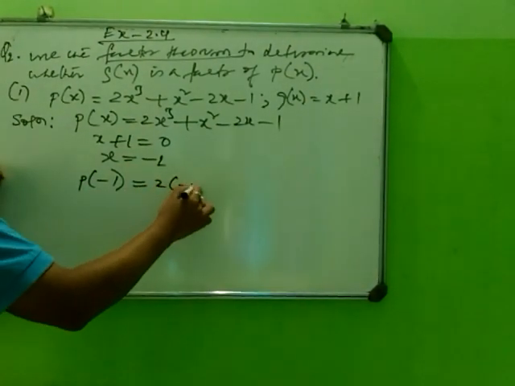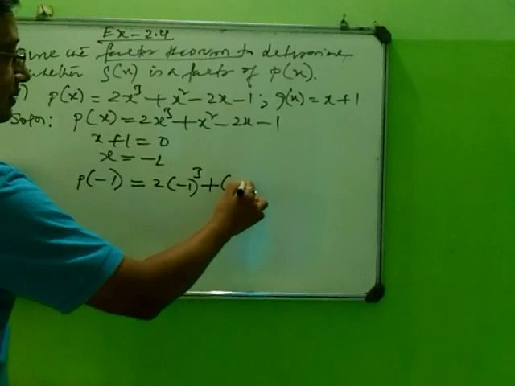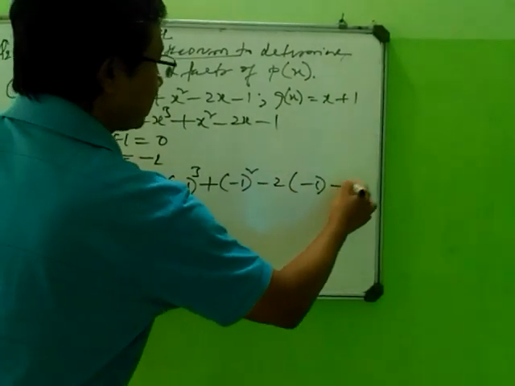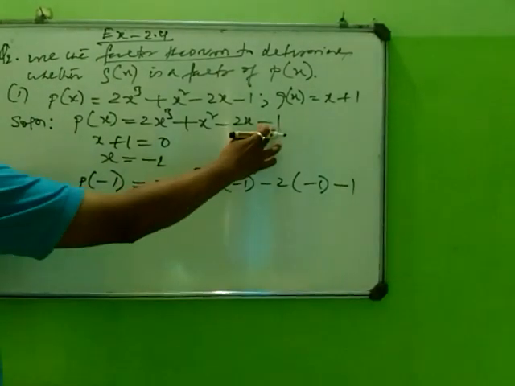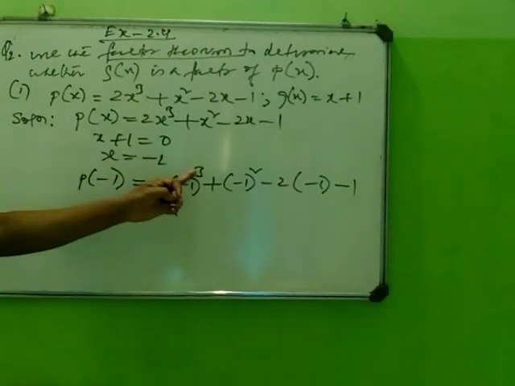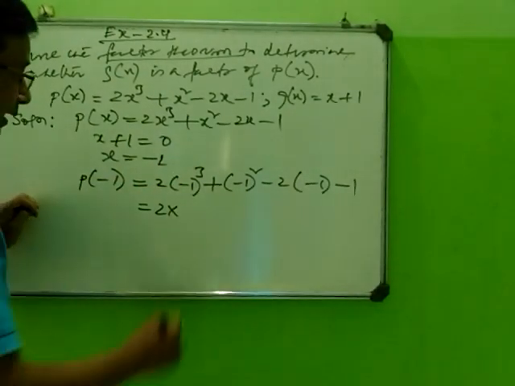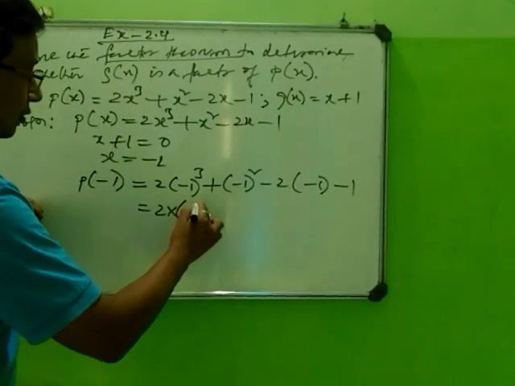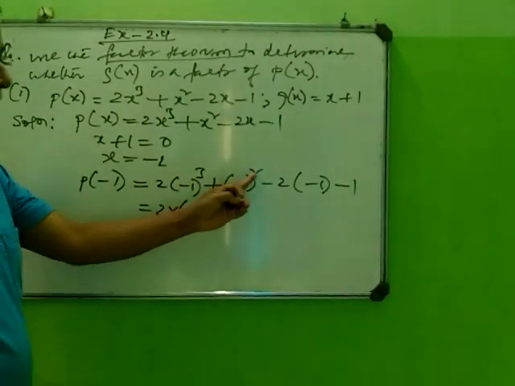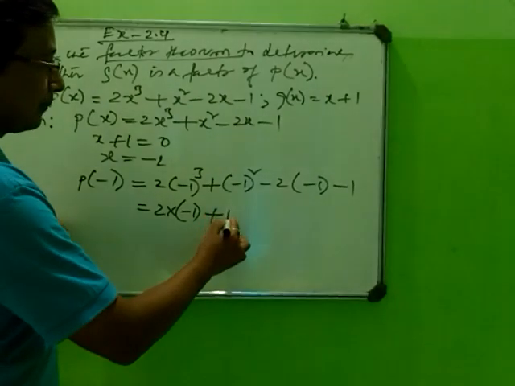So 2 into minus 1 whole cube plus minus 1 whole square minus 2 into minus 1 minus 1. So equals 2 into, power is odd, sign will be minus, so minus 1 it will be. Then plus, the power is even, sign will be plus, so it will be 1.